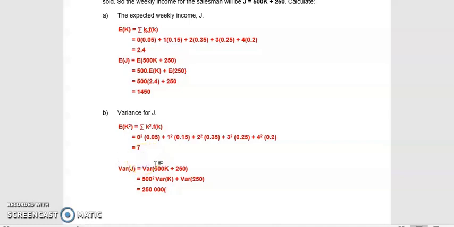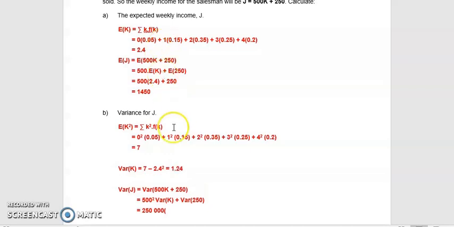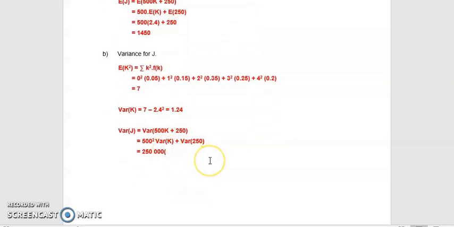The variance of K equals E[K squared], which is 7, minus E[K] squared, which is 2.4 squared. So the variance of K equals 7 minus 2.4 squared, which is 1.24. Once we get the variance of K, substitute 1.24 here, plus the variance of a constant, which is 0.